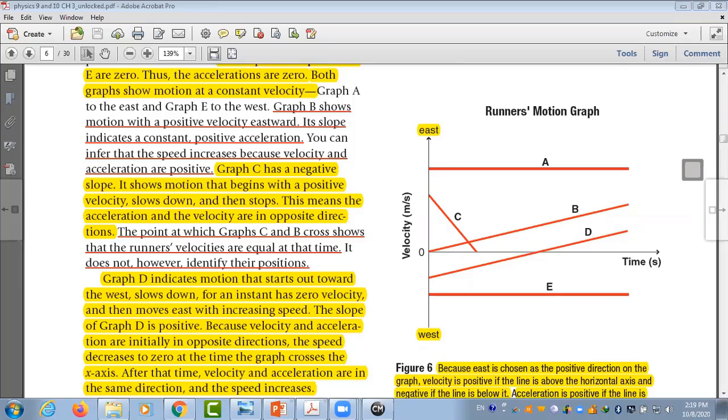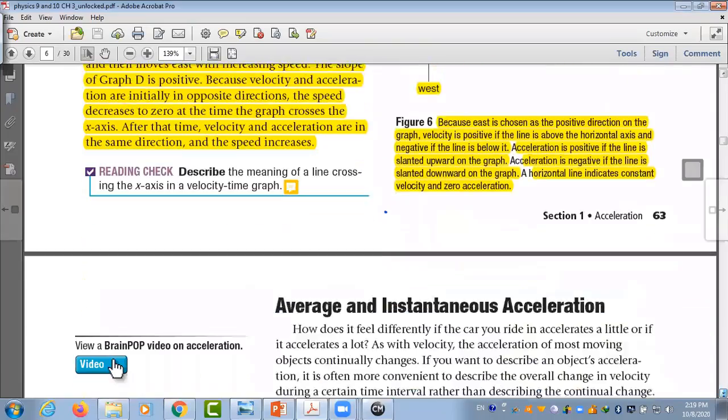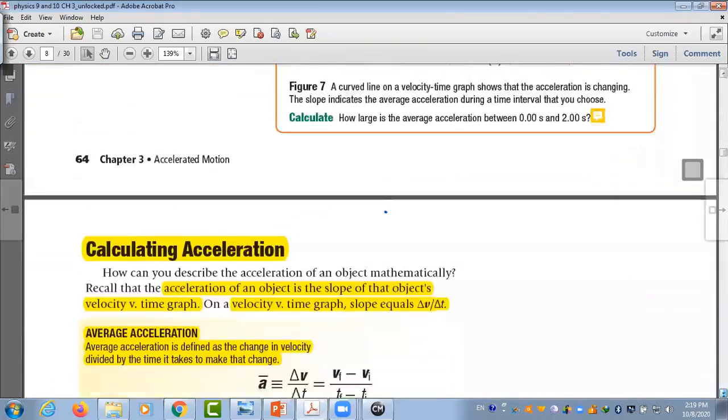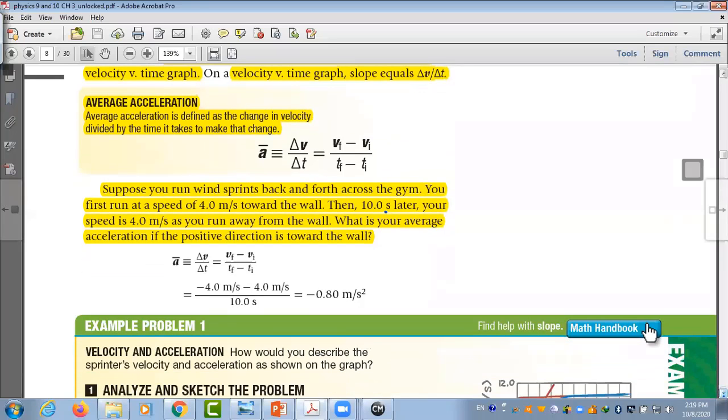But can we do this in a problem with numbers? Yes. Look at this problem, Shabab. In the average acceleration, he gave us a law. Suppose you run wind sprints back and forth across the gym.